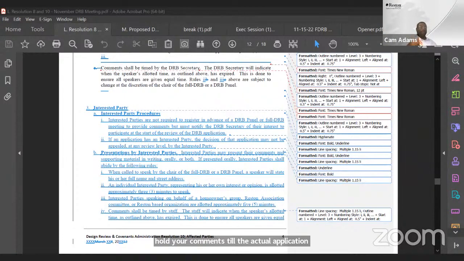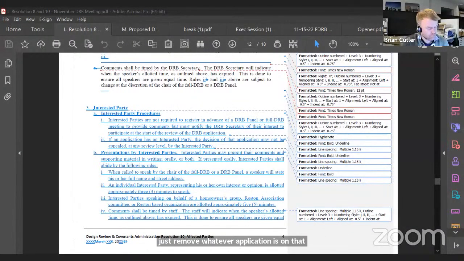And so to Brian's point, maybe that's a great segue: for those applications voted by acclamation for panel, you could always open the opportunity to be an interested party during member comments, which happens before you do your vote by acclamation. Then if someone is an interested party, you would just remove whatever application is on that agenda that has an interested party. Yeah, okay.